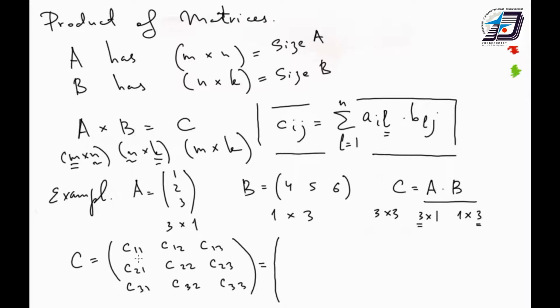So for example, I want to calculate C11. I have to take the first row of matrix A and the first column of matrix B. So it is 1 times 4.